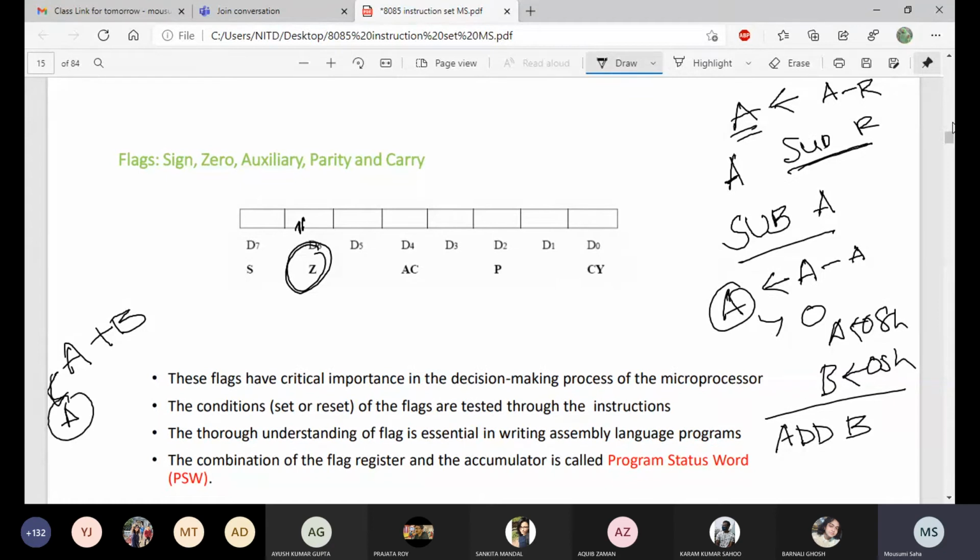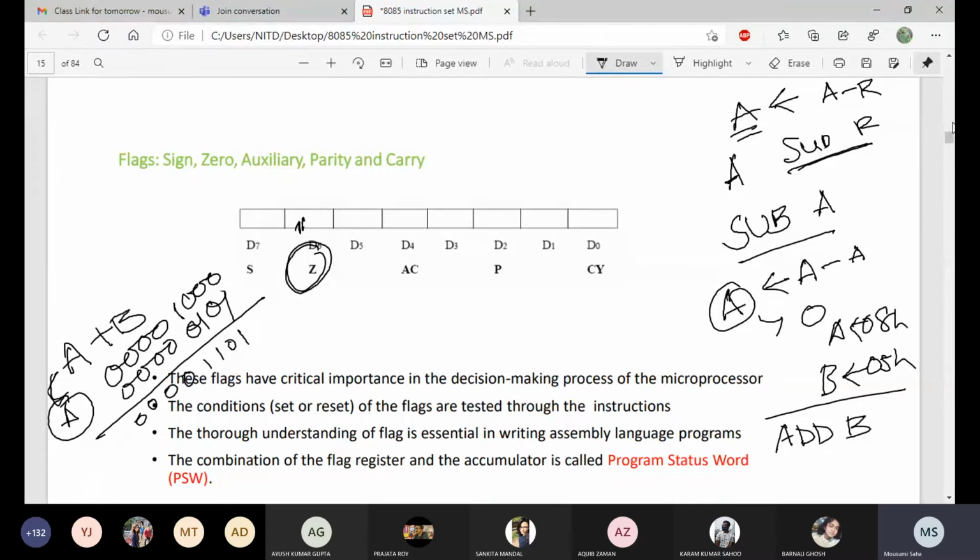Checking the accumulator, 08 means 0000 1000, and for 5 I have considered 0000 0101. So after addition what will you have?